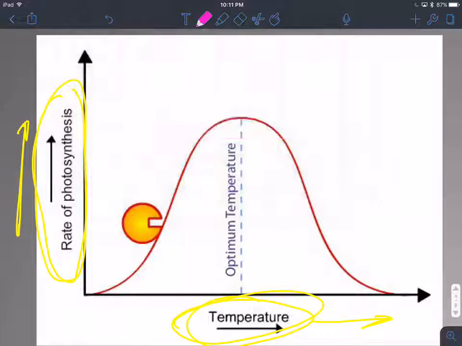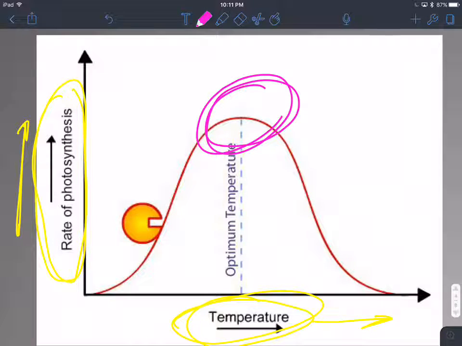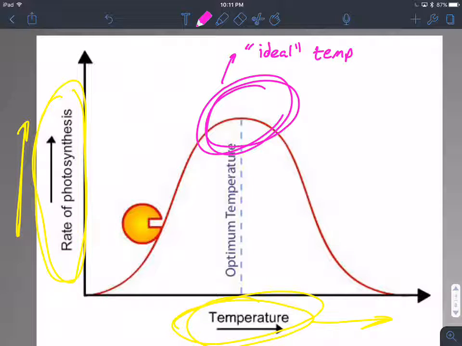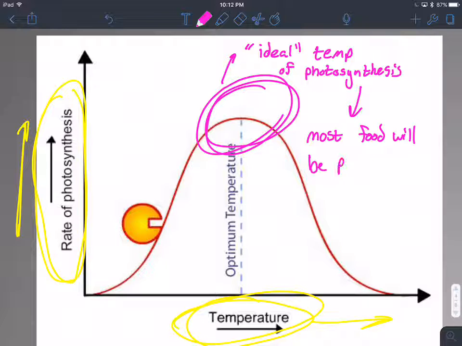And if you notice, somewhere right here in the middle, we have what we consider the ideal temp of photosynthesis. It's right here that the most food will be produced.